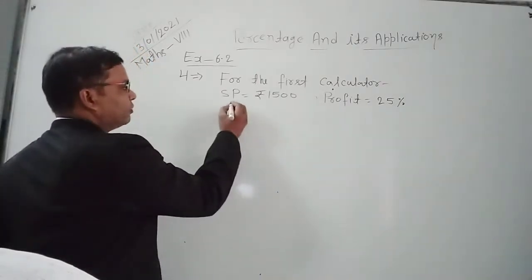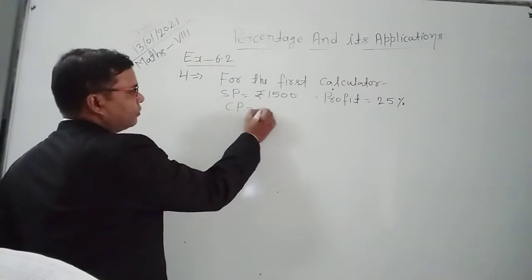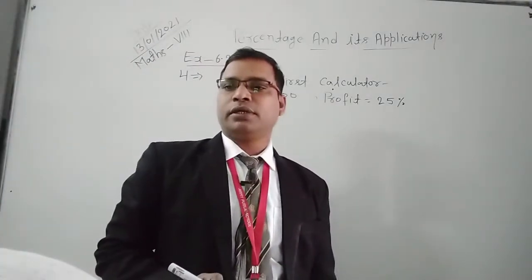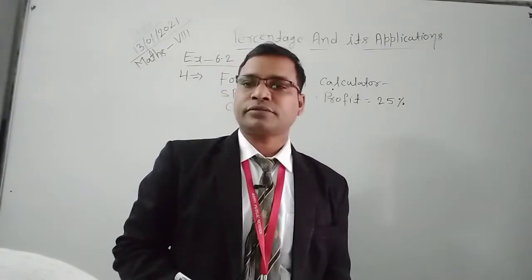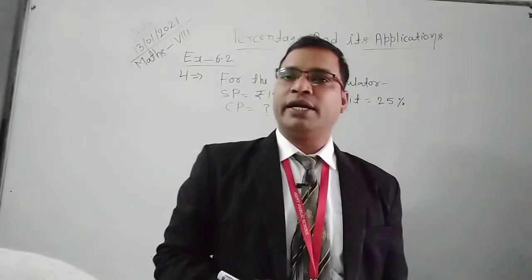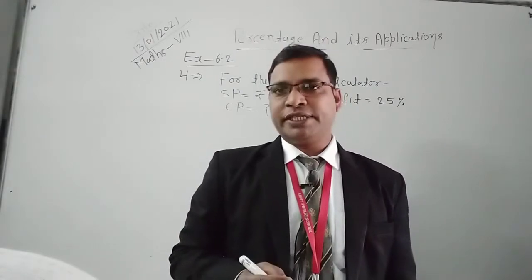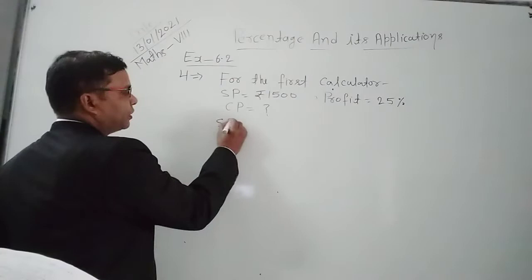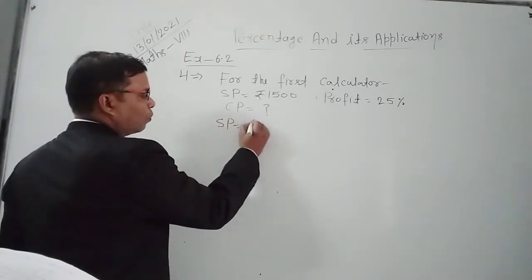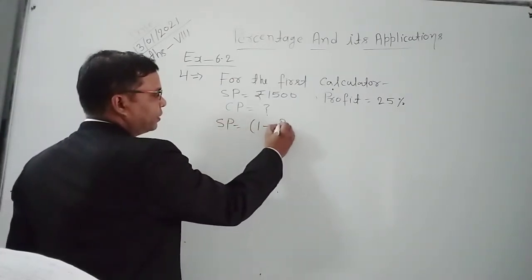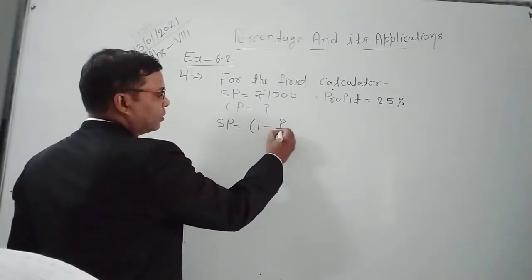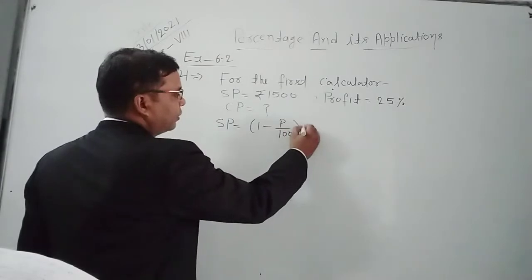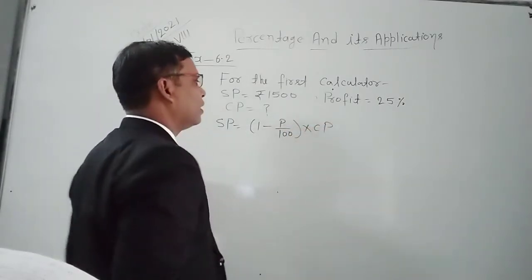So the selling price, as you can see, is equal to question mark. But you know very well how you find the SP if CP is given. Use this formula: SP is equal to (1 minus P by 100) into CP.